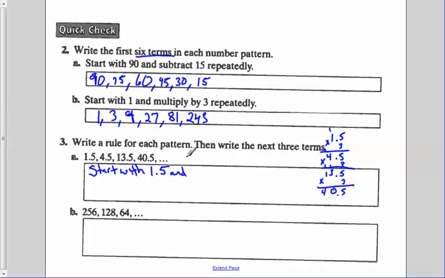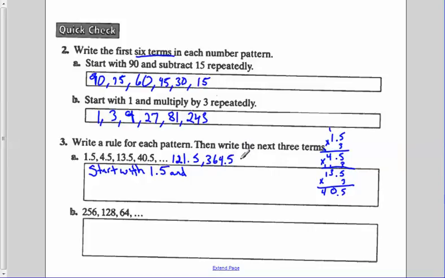Now, 40.5 times 3 is going to be 121.5. And then 121.5 times 3 is going to be 364.5.